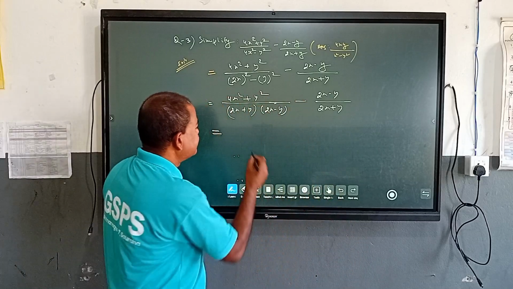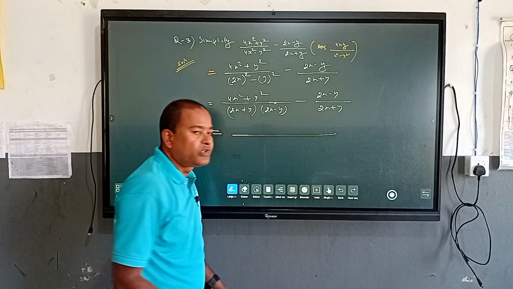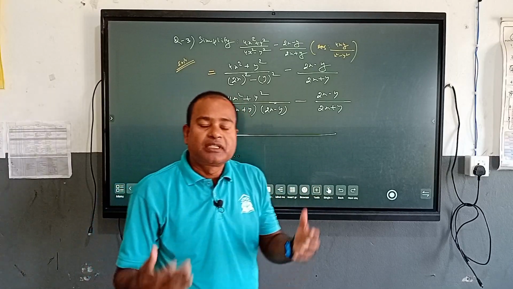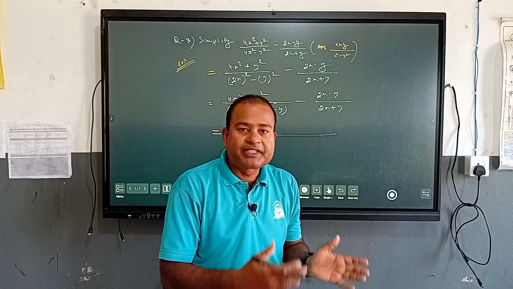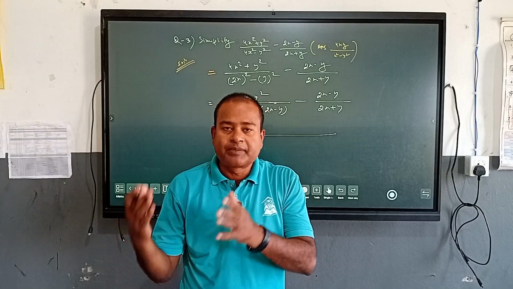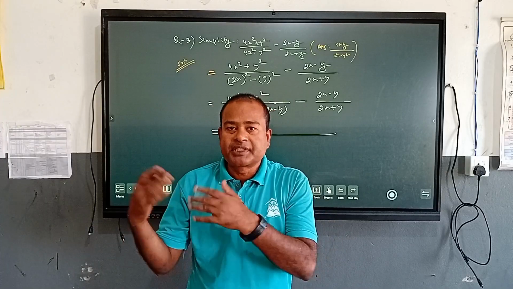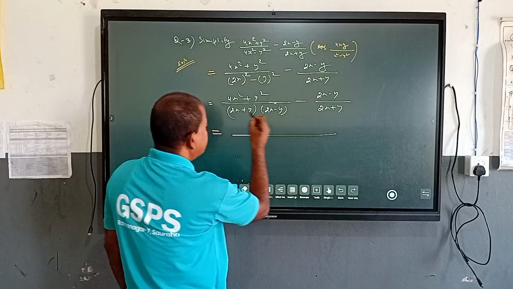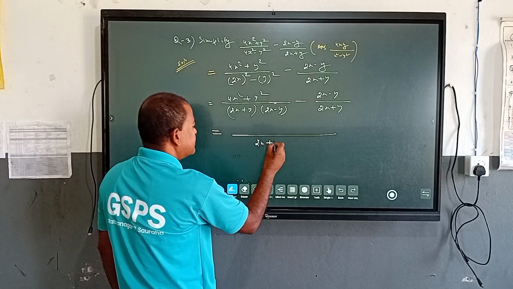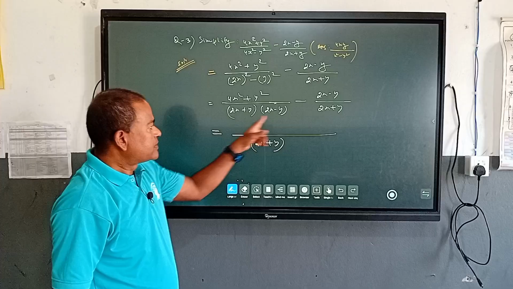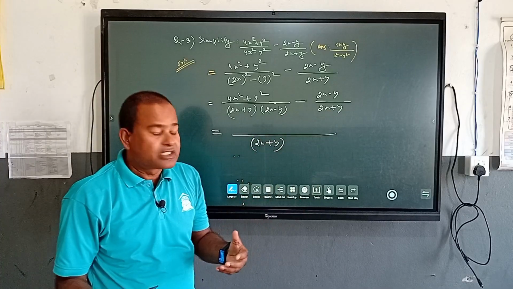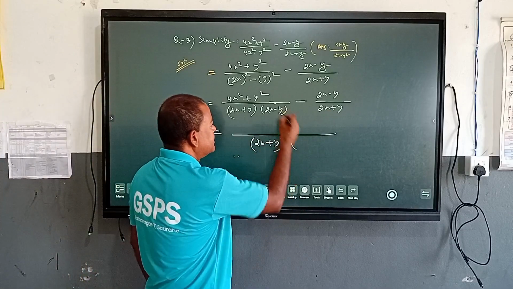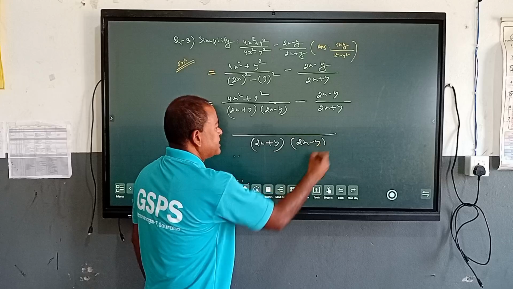We know that LCM is equal to common factor times remaining factor. So the common factor is 2x + y, and the remaining factor is 2x − y.